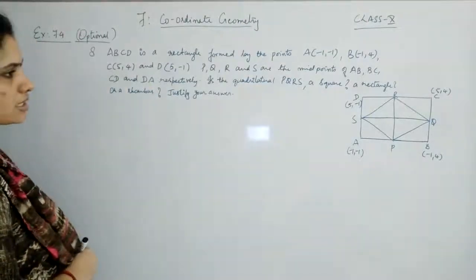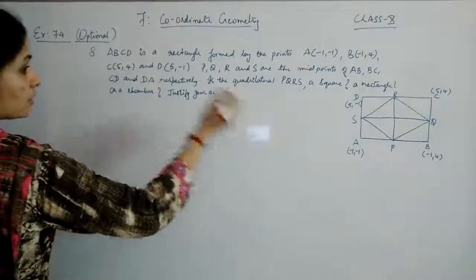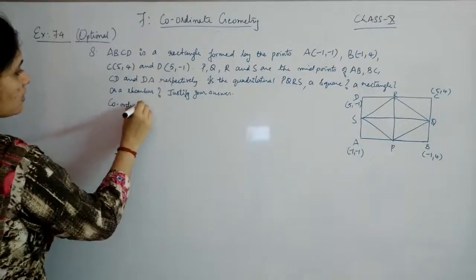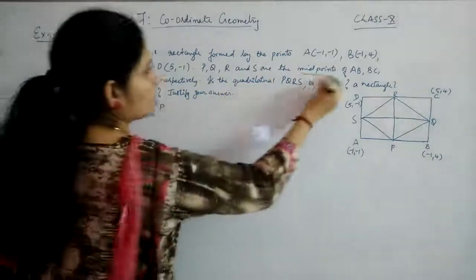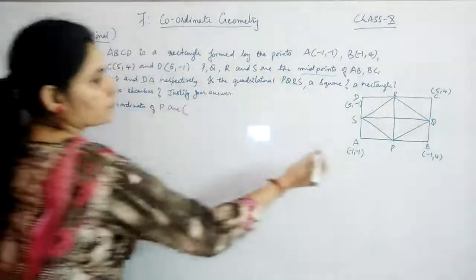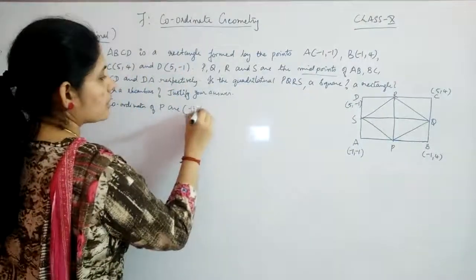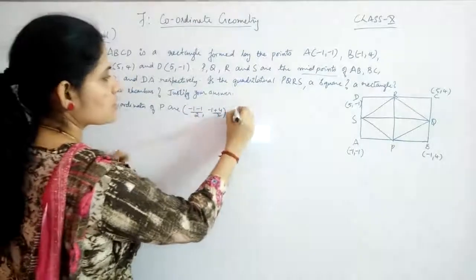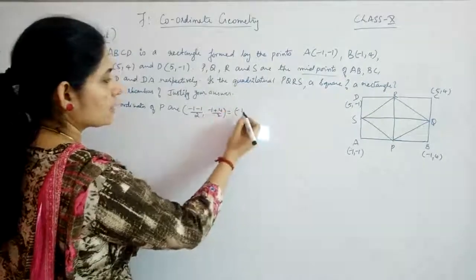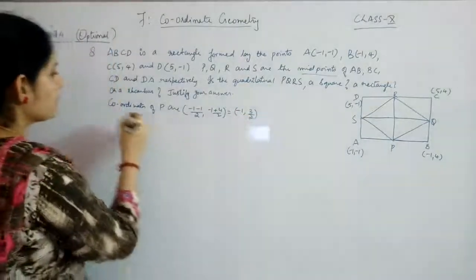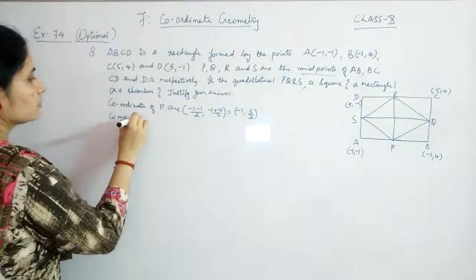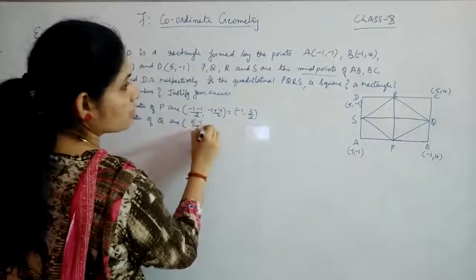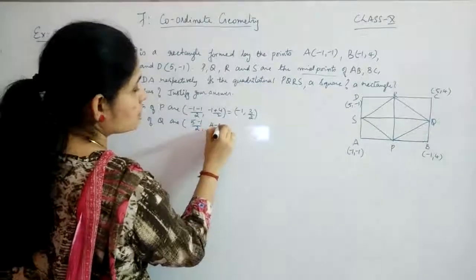So our process starts now: you have to find the coordinates of P, Q, R and S. Coordinates of P: P is given to be the midpoint. So the coordinates of P are ((-1 + -1)/2, (-1 + 4)/2), which is -2/2, that is -1, comma, here you will get 3/2. Then the coordinates of Q are ((5 - 1)/2, (4 + 4)/2).